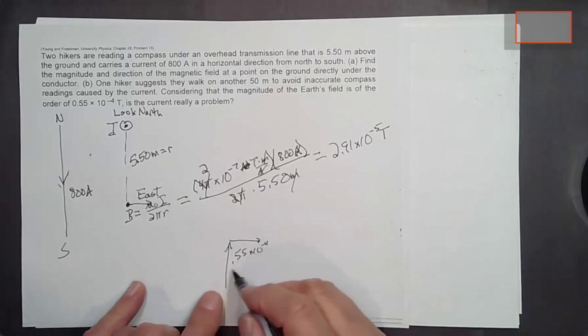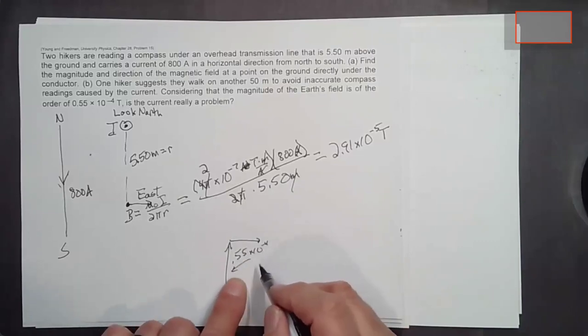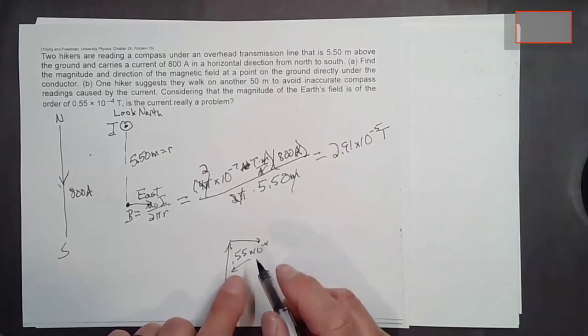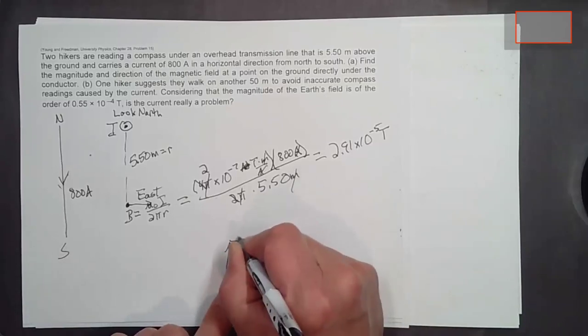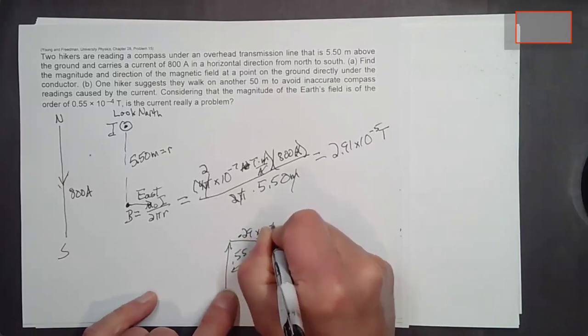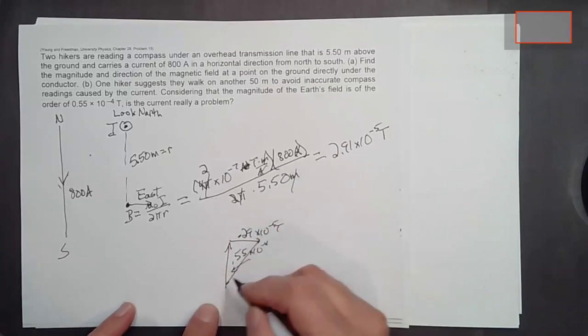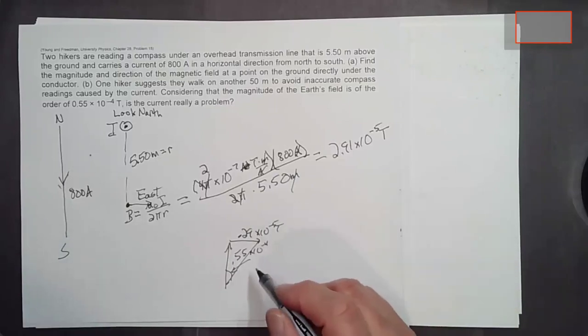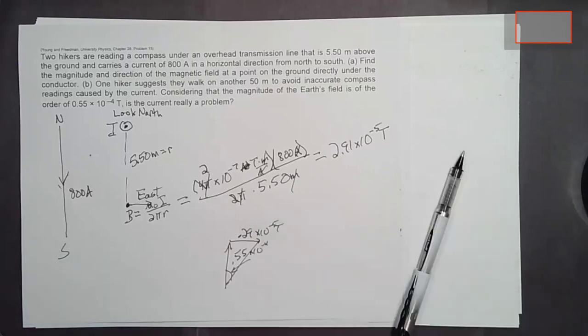I'm starting to wonder about that calculation I did on the previous problem, where I got such a humongous current. This is 0.29 times 10 to the minus fifth Tesla. So 0.29 over 0.55 is what I want. Yeah, it'd point off by about 28 degrees. So that's enough to get lost.